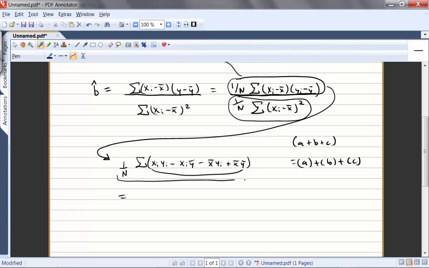So all of this is equivalent to 1 over n. Just bring 1 over n out. And then we have the sum of xi yi minus the sum of xi y bar minus the sum of x bar yi plus the sum of x bar y bar. Close the bracket.